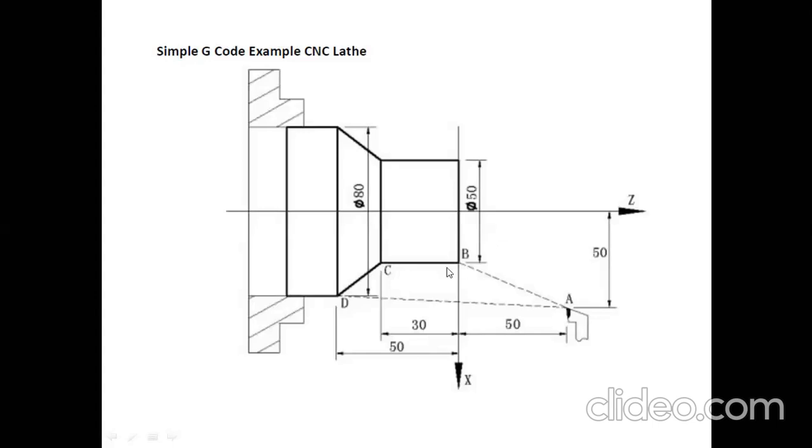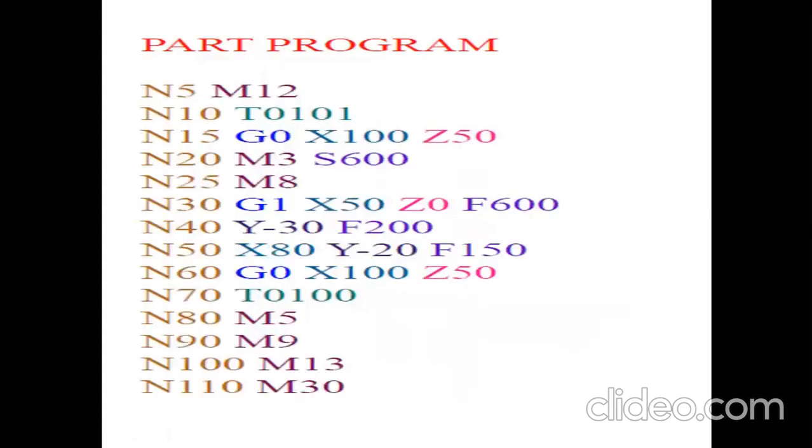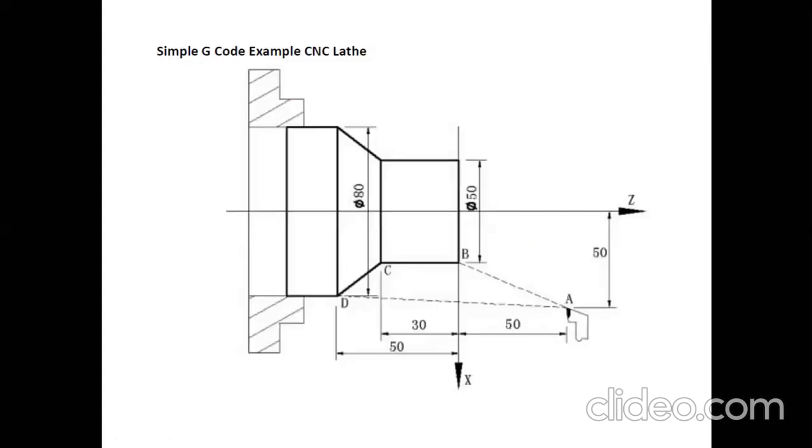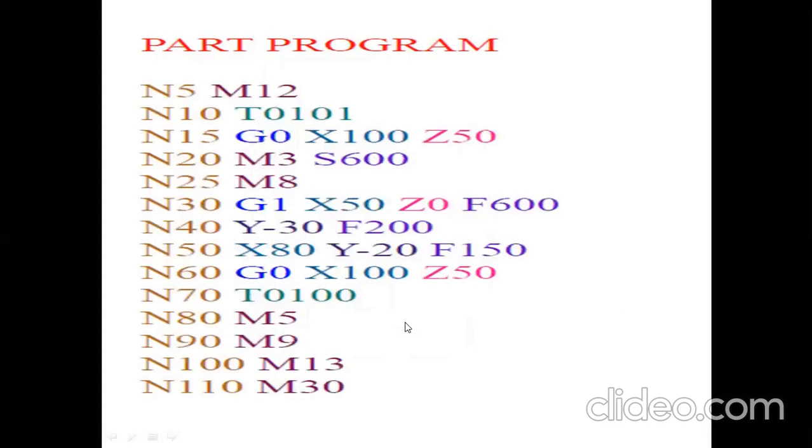We have to carry out a straight turning operation, so the tool is moving from point B to C. We provide this command using Z minus 30. Why minus 30? Because it is going to the left-hand side, so we represent the Z axis by a negative sign. The dimension mentioned here is 30, so the Z value is minus 30. The feed rate is also provided: F200, because we are doing a cutting operation here.